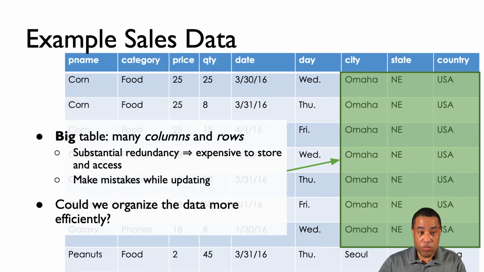Similarly, maybe we have lots of sales of peanuts in Seoul, Korea. So do we need to list Seoul, Korea every time we have a sale in Seoul, Korea? So instead of thinking about this as independent rows, we can think about the relationships between the rows and realize that there are actually multiple dimensions here to this data.